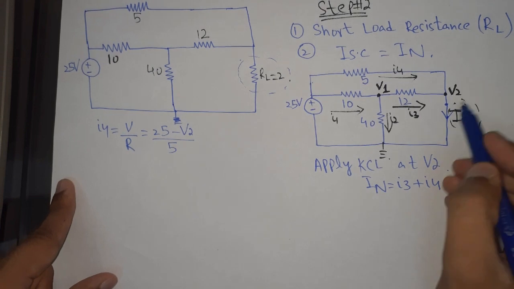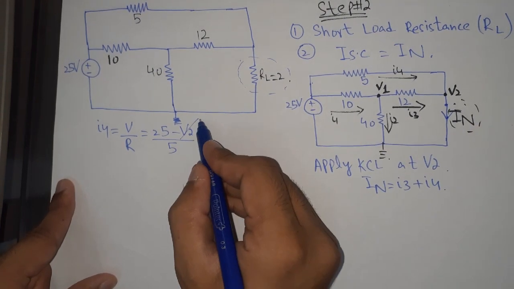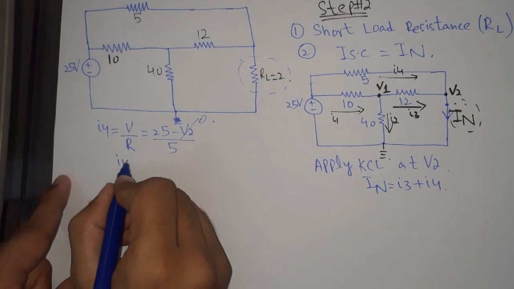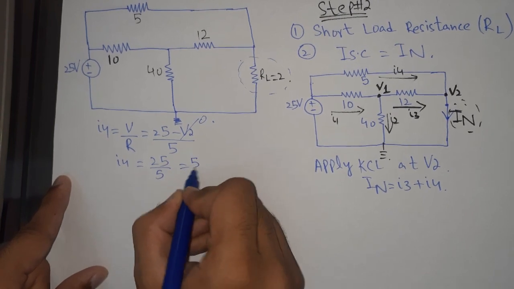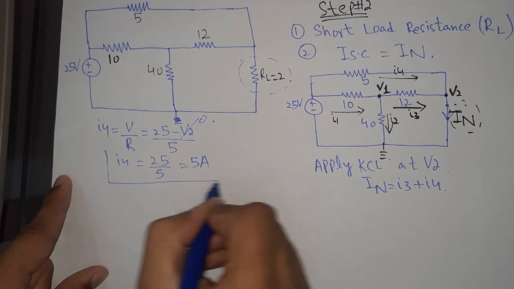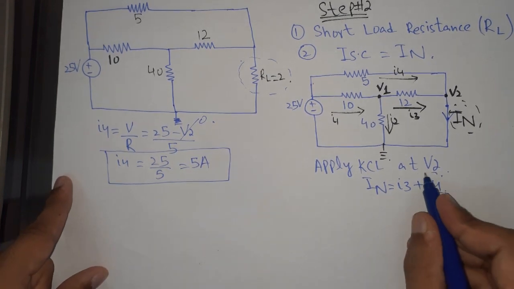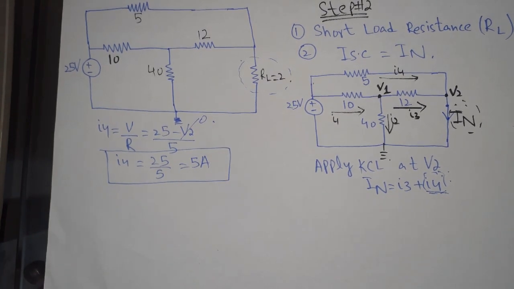Now students, this V2 is directly connected to the ground, so I will reduce it to 0. Now I4 will become 25 divided by 5, which is 5 ampere. Now our next step is to find the value of I3.